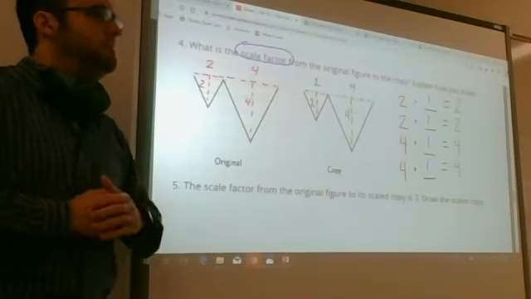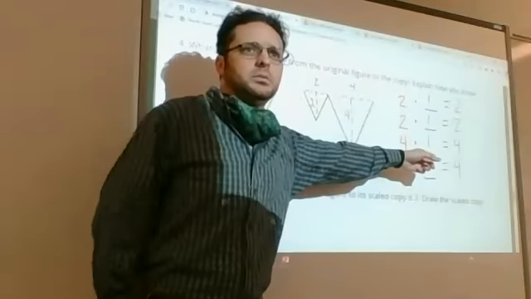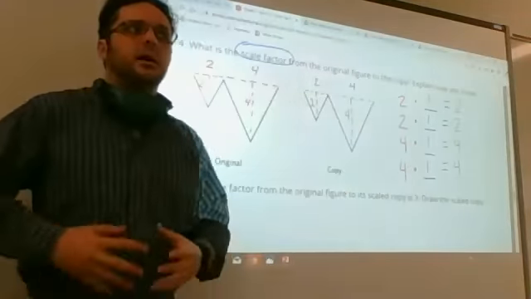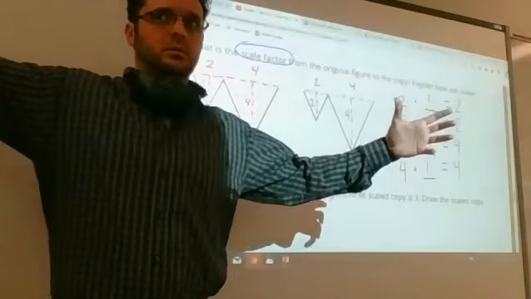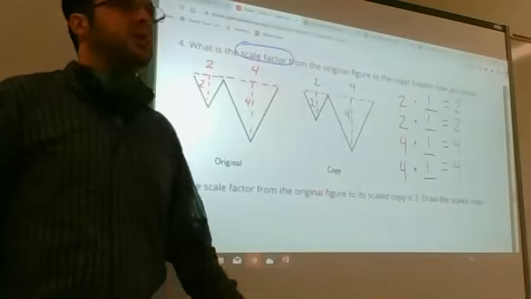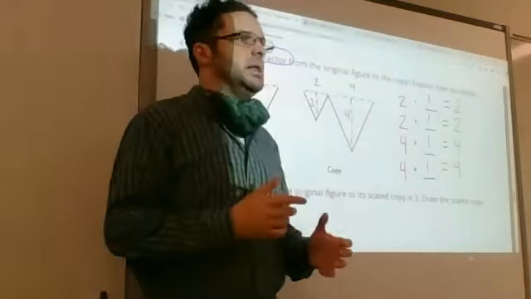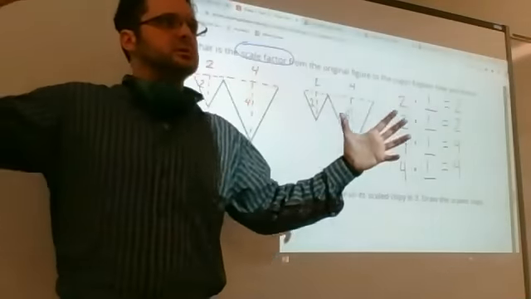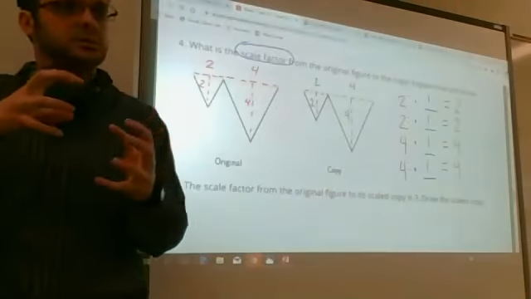Multiplying by a number bigger than 1 makes a scale copy bigger or smaller? Bigger. Multiplying by less than 1, like a fraction, gives us a scale copy that is smaller.